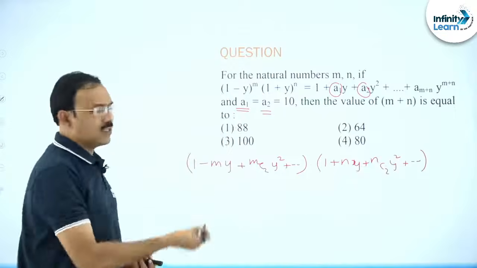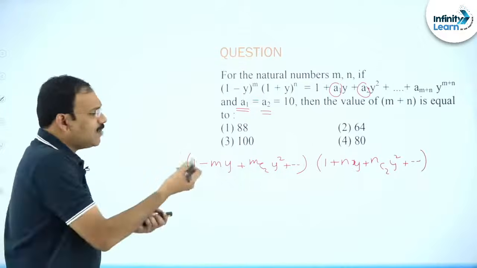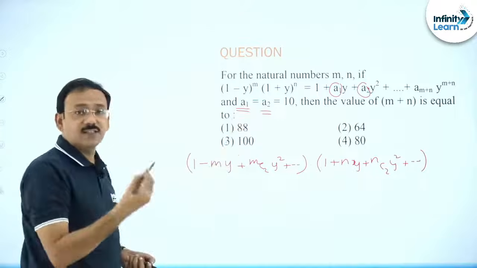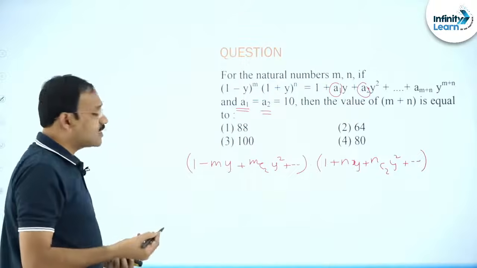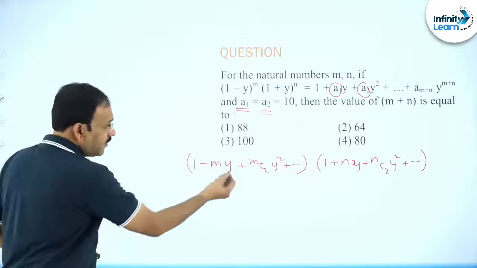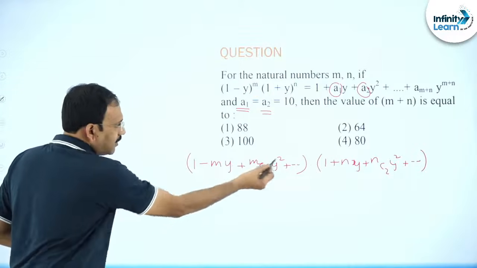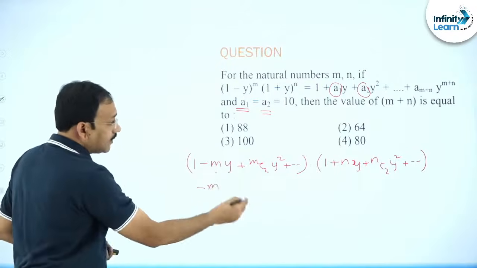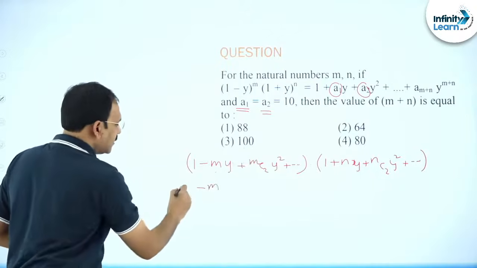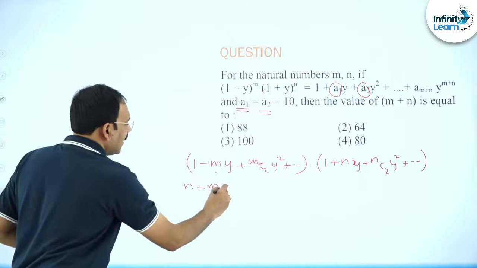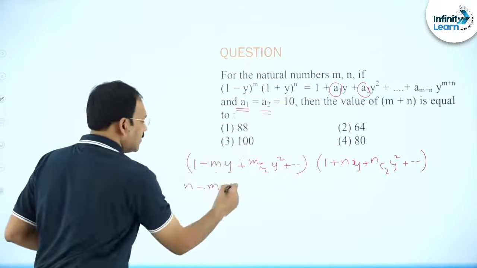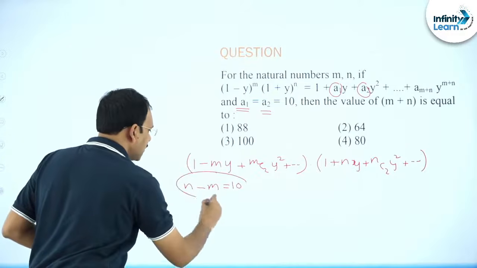It will end with the (n plus 1)th term. I do not want the total expansion, I just want the y coefficient and the y square coefficient. Can you say the y coefficient? When you multiply the y term into the constant, that is minus m, and the y term here into the constant, plus n. So n minus m is going to be the y coefficient, which is given as a1, which is 10. This is equation number 1.